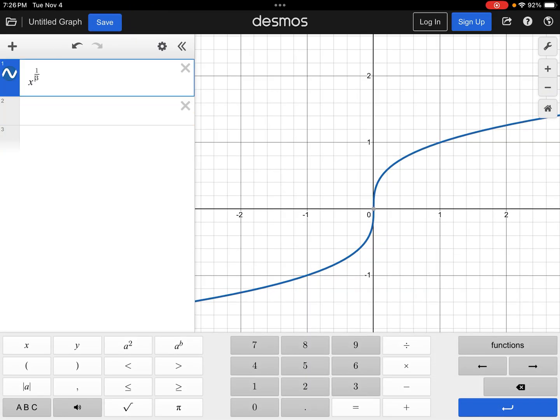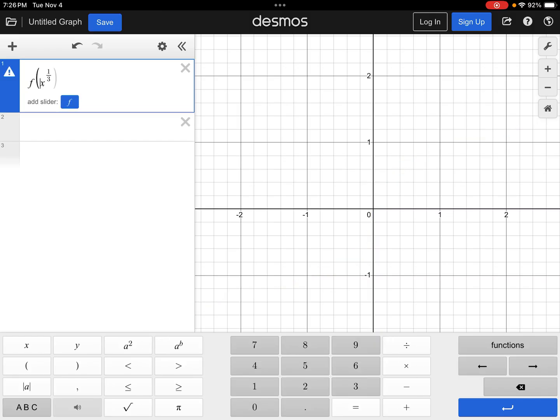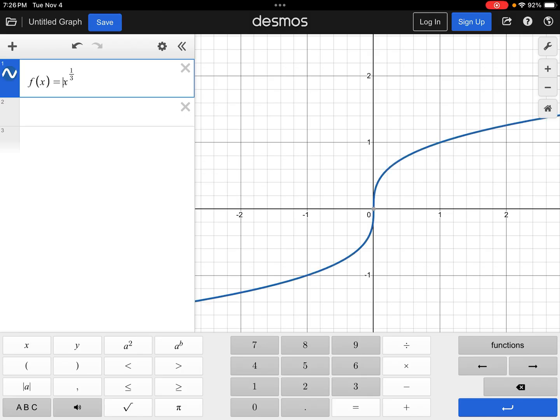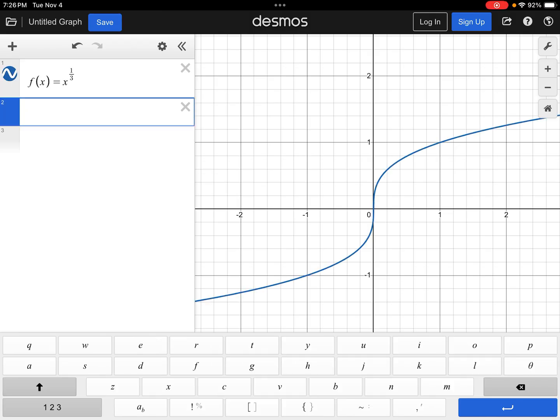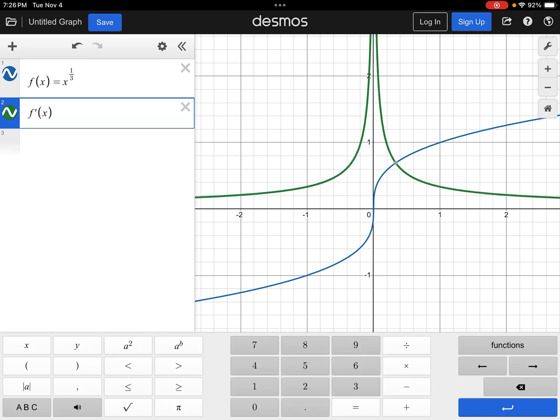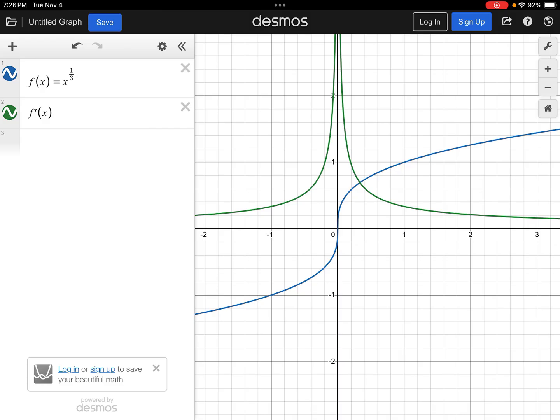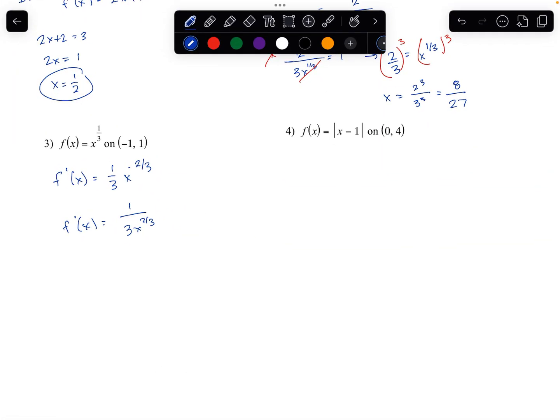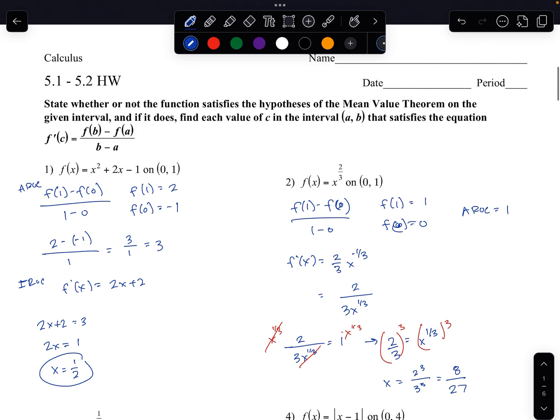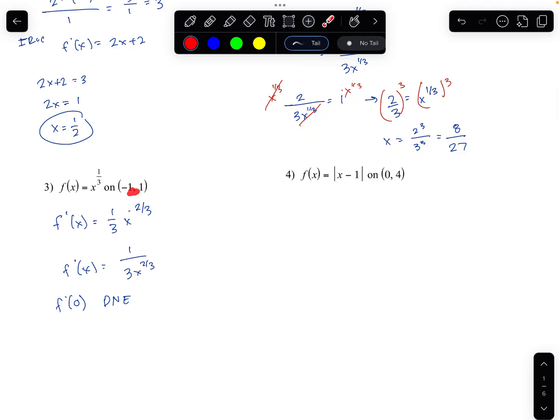So if we say f of x is equal to that, and if I say f prime of x, yeah, there you go. So you can see how the derivative is not defined at x equals 0. There's an asymptote. So in this case, f prime of 0 does not exist, which means we're not differentiable at 0. The derivative does not exist at 0, which is in this interval.